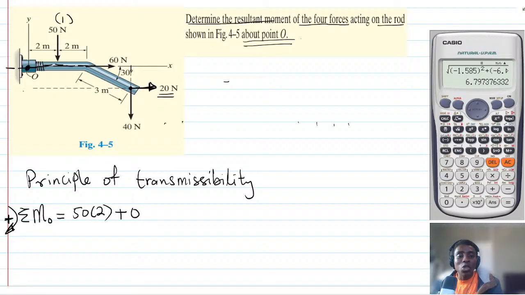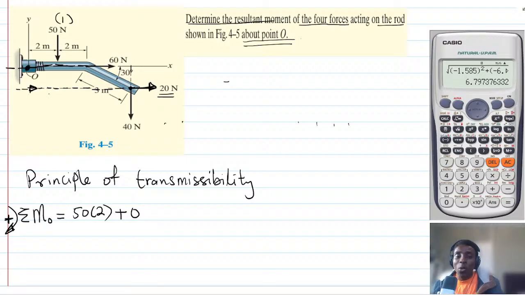You are going to trace the line of action, and they have done it for us. If you trace this line of action here, it goes through the 20. And there is a distance, because clearly we can see that.